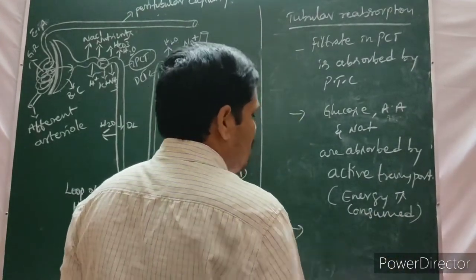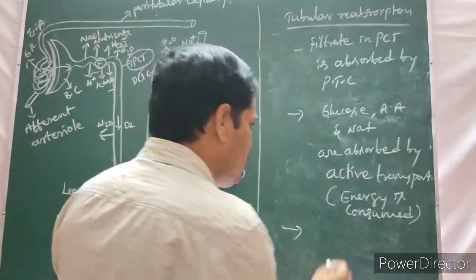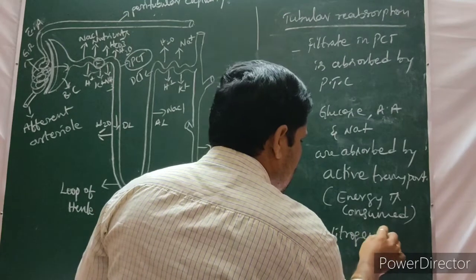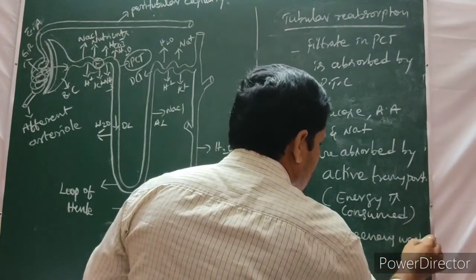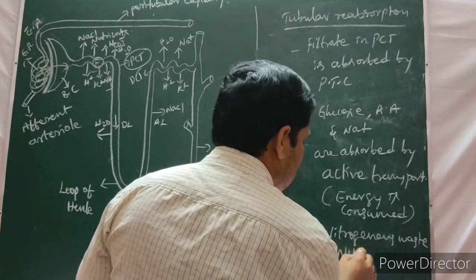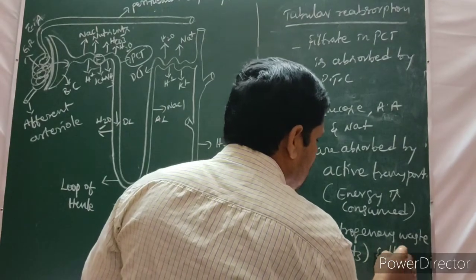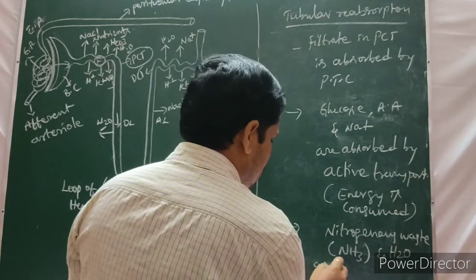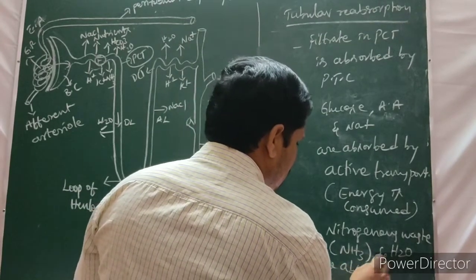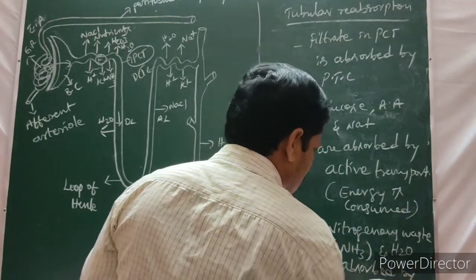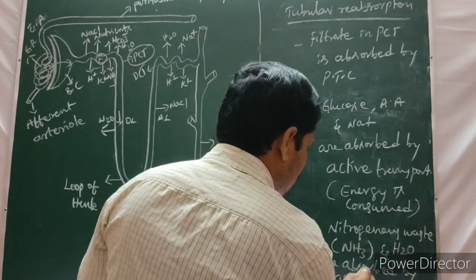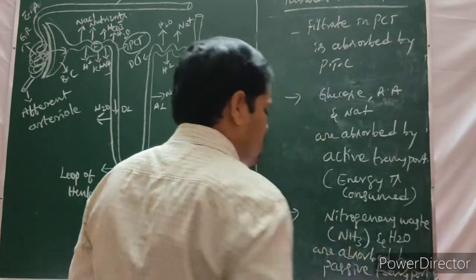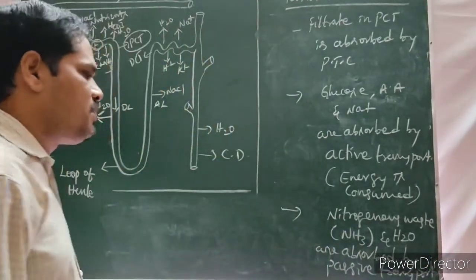The next one, nitrogenous waste and water are absorbed by passive transport. Nitrogenous waste, nothing but what? Ammonia, and also water. What is the meaning of passive transport?